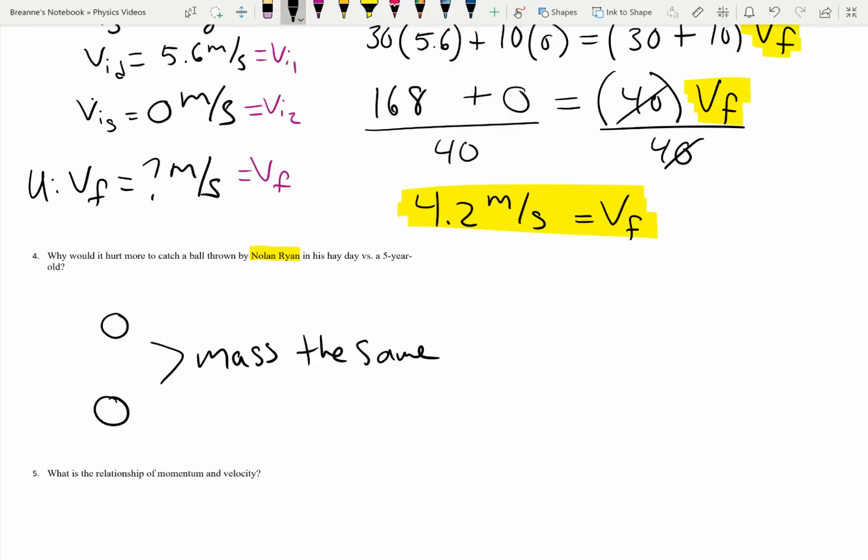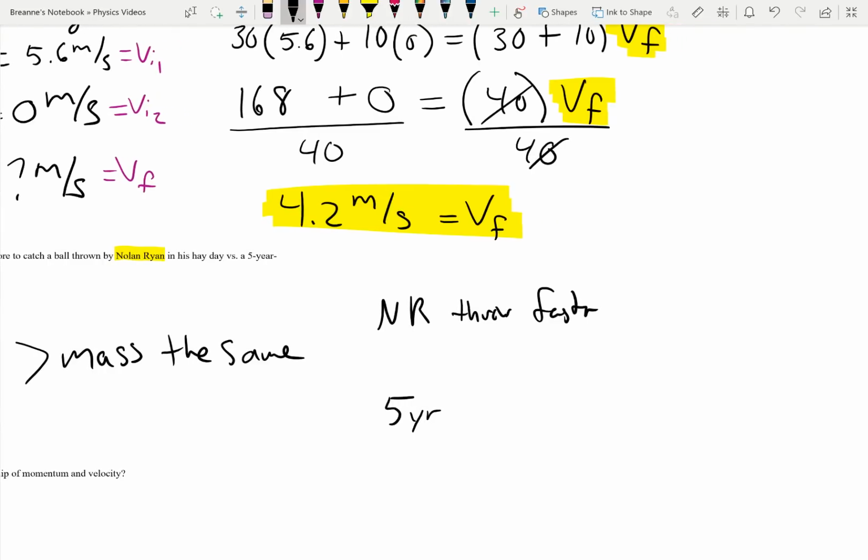But Nolan Ryan can throw faster than a little 5-year-old can throw. So if we look at our equation, momentum equals mass times velocity.